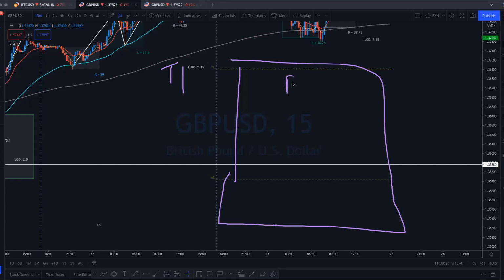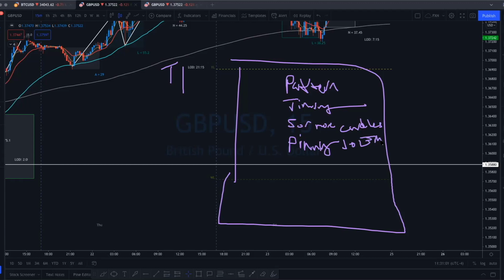I'd say obviously you're looking for the pattern and the timing. Those two things have to be in place. And then you can look for how many candles, so 5 or more candles. What else? Is it bouncing off, or pinning, I should say, to an EMA?